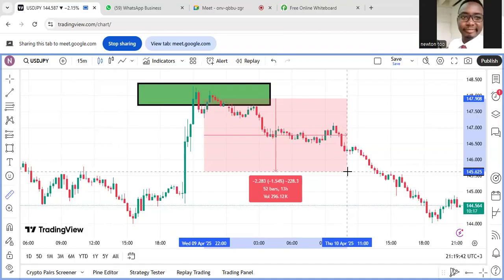See? Yeah, so it's very important to understand how to identify structure on a higher time frame. Then you go to a lower time frame, 15 minutes, to look for an entry, sell or buy. Yeah, so that's how you can do a swing trade.